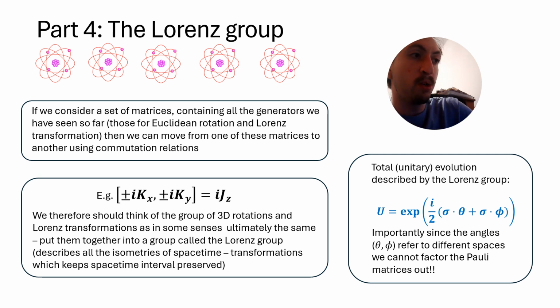And what's a great Hermitian matrix, to which both generators of rotation and generators of Lorenz transformations are related? It's the Pauli matrices. So we can pick those.